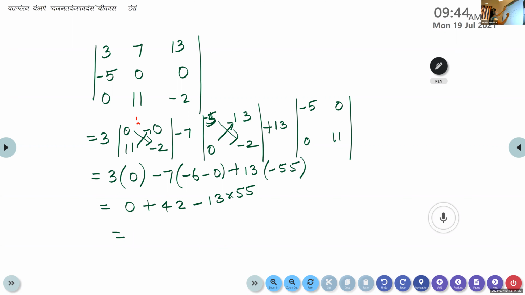Here we will leave the row and column: minus 5, 0, 0, minus 2. So I think here also you will get 0, minus 10. So it is 70, negative 70. It's negative 70 only you will get. So what is the answer? Minus 785. Negative 785. Is it correct?